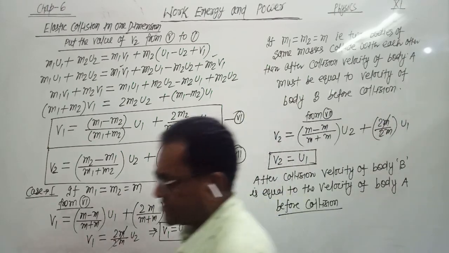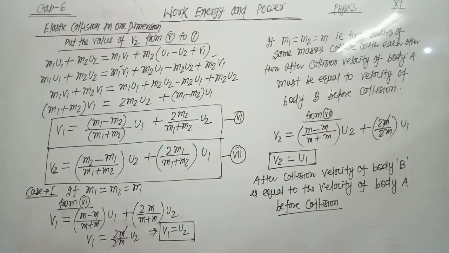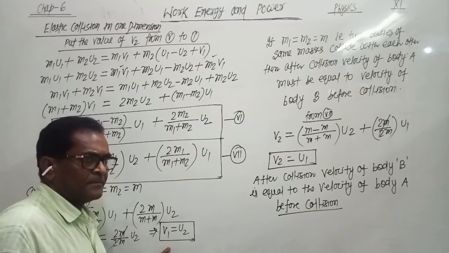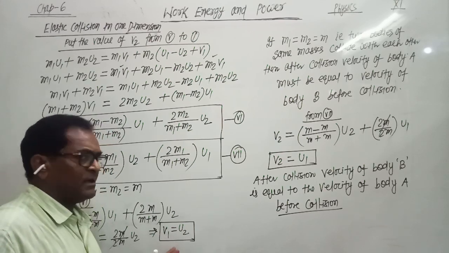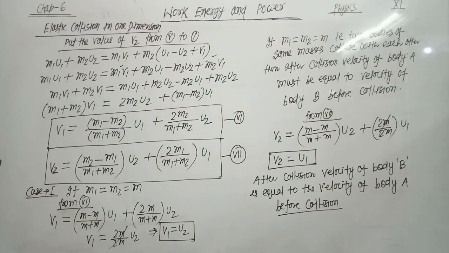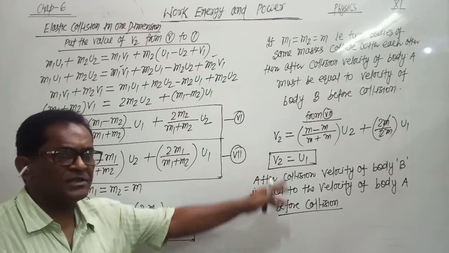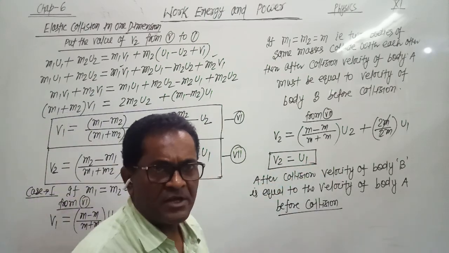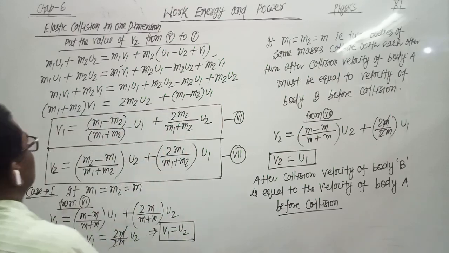So this was the first case, when the two masses are of equal magnitude, m1 equals m2 equals m. After collision, the velocity of body A is equal to the velocity of body B before collision, and the velocity of body B is equal to the velocity of body A before collision.